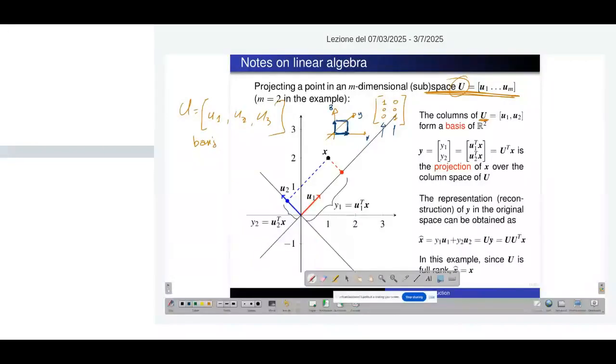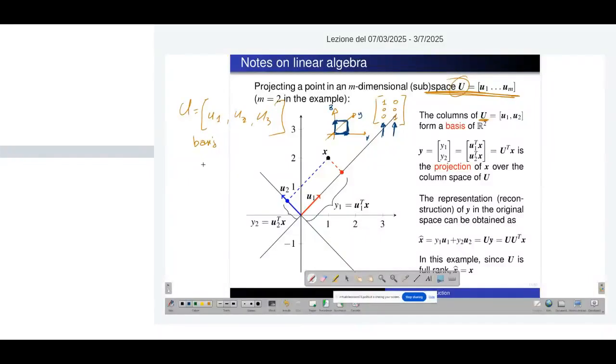These are the unit vectors that contain the Cartesian basis that represent the axes, the Cartesian axes that describe the subspace.